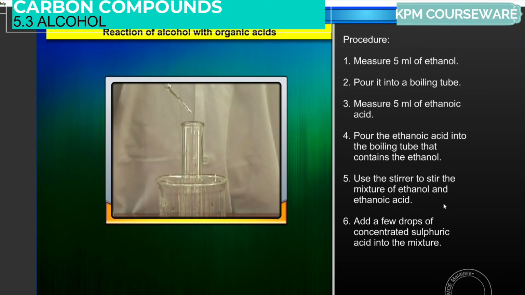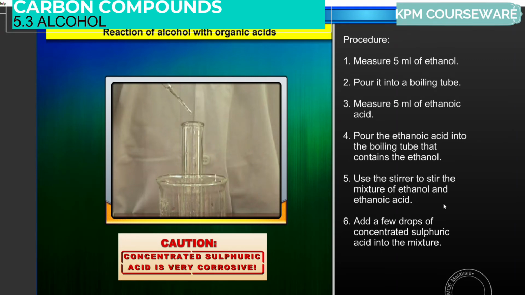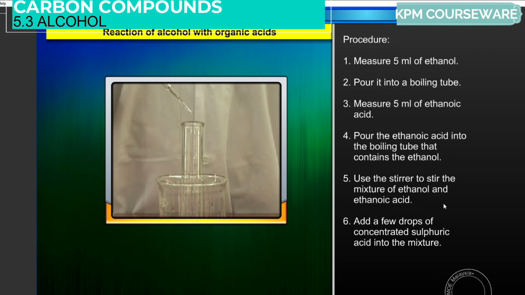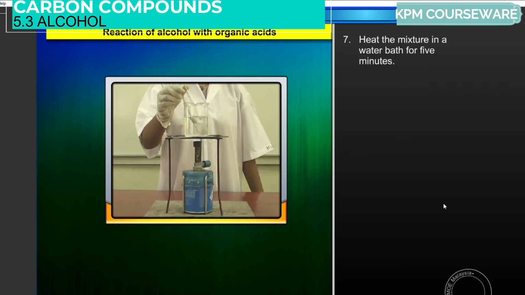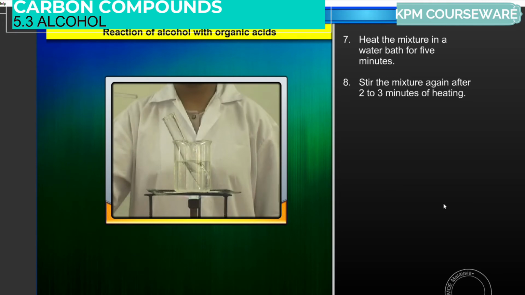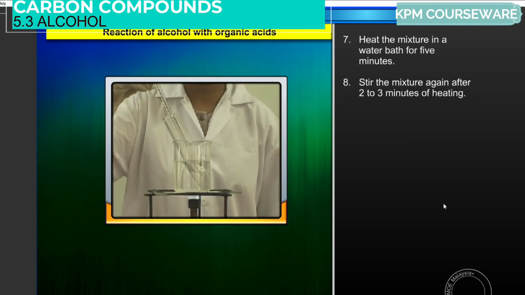The concentrated sulfuric acid acts as the catalyst in the reaction. Handle it with care. Concentrated sulfuric acid is very corrosive. Heat the mixture in a water bath for 5 minutes. Stir the mixture again after 2 to 3 minutes of heating.